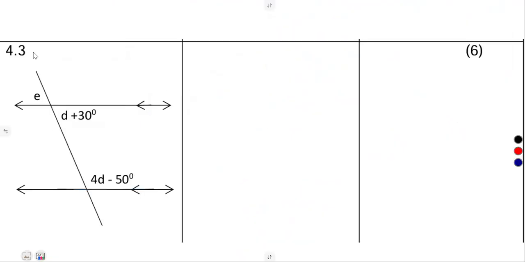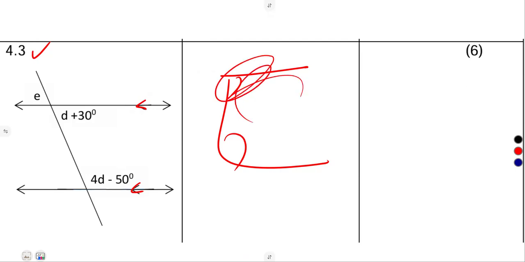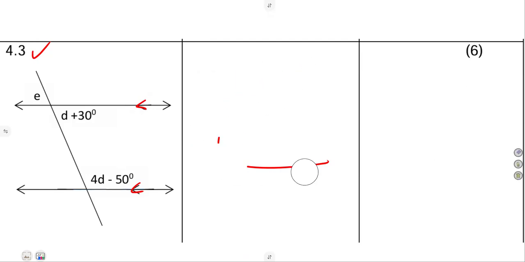All right, on this 4.3, there are two variables, D and E. So let us start with the D. From these lines that are parallel, we are forming a C, co-interior angles. Remember the concept, co-interior angles, where we form a C or where we form a U. Co-interior angles add up to 180 degrees.